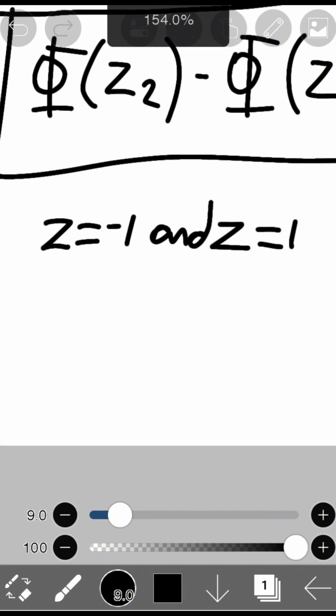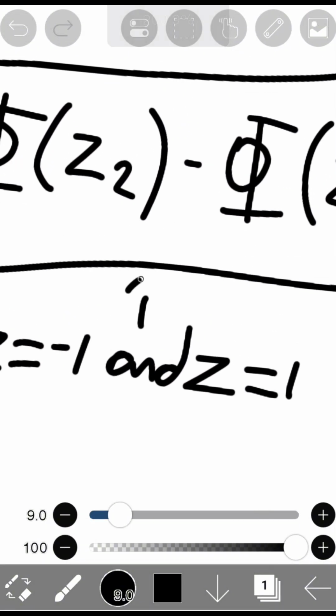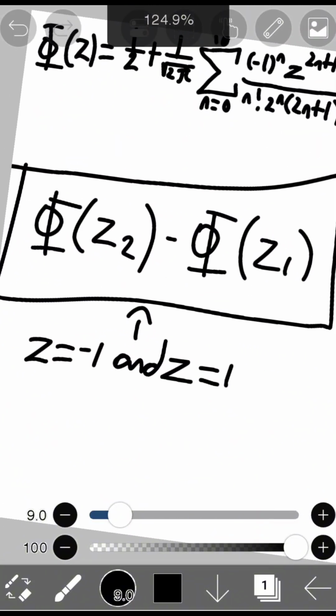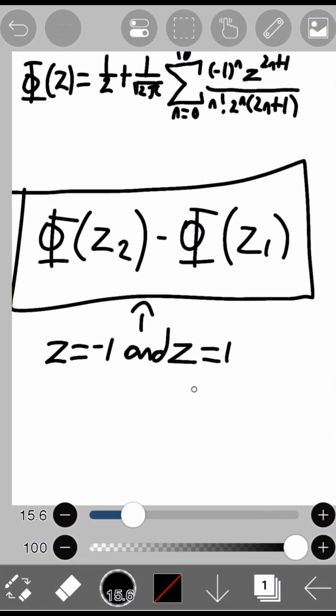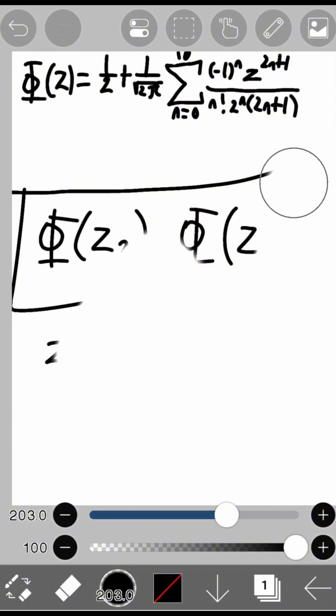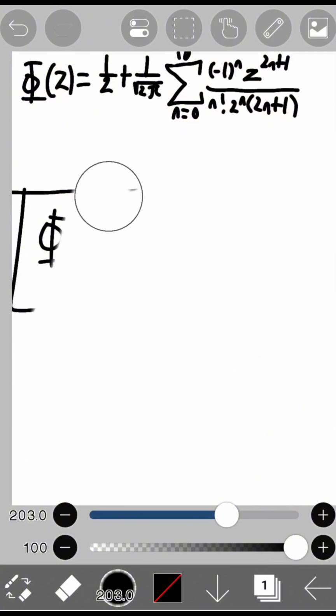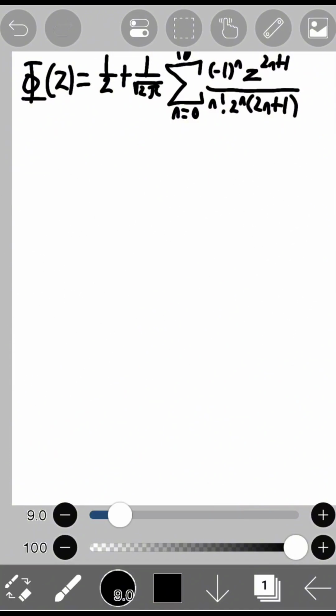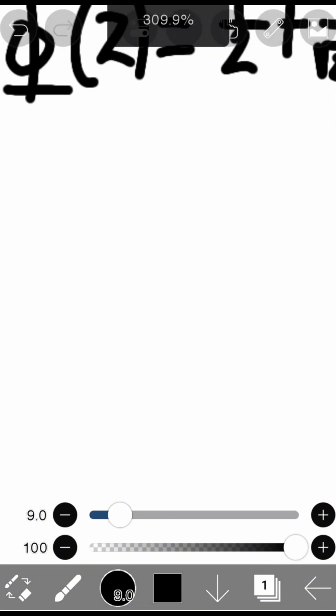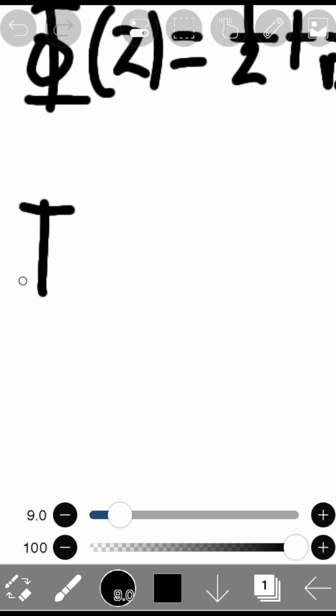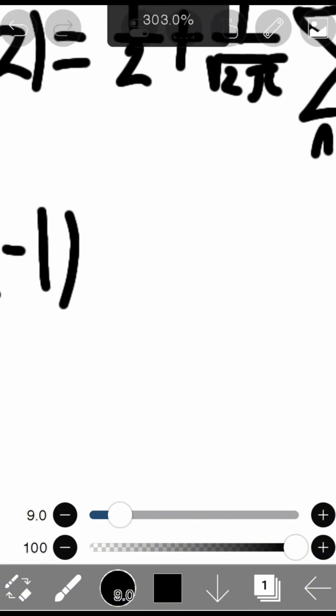We can go ahead and use this formula right here to solve for this. So how do we exactly use the formula? Well, that's actually pretty simple, because all you need to do is to replace z with the number that you first need. So we have negative 1.